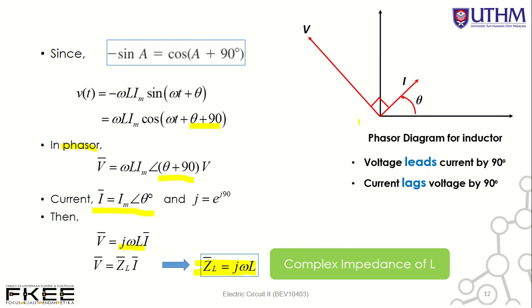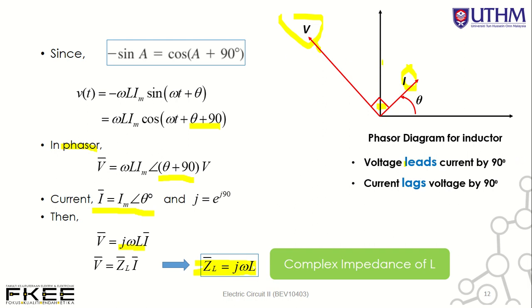Theta plus 90 degree, which means the difference in angle between voltage and current is equal to 90 degree. So from the phasor diagram we can conclude that voltage leads current by 90 degree.